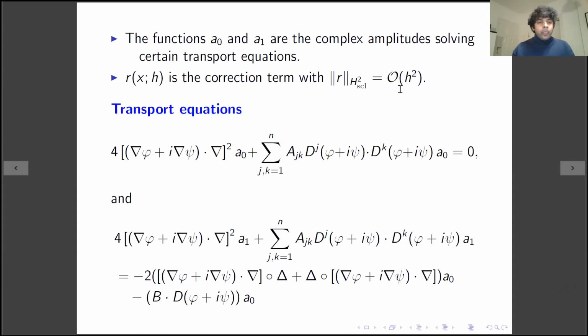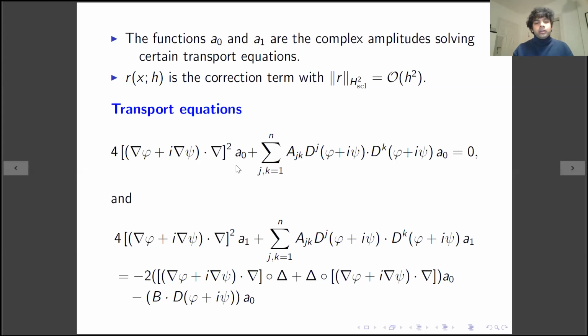Anyway, the A0 solves this transport equation, with grad phi plus i grad psi, which comes from the weight and the phase. And you can see this square A0, and this is the zeroth order perturbation of the second order equation.